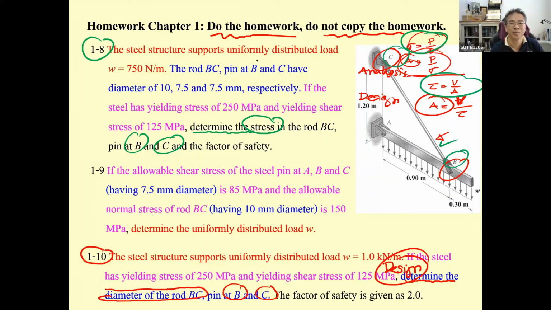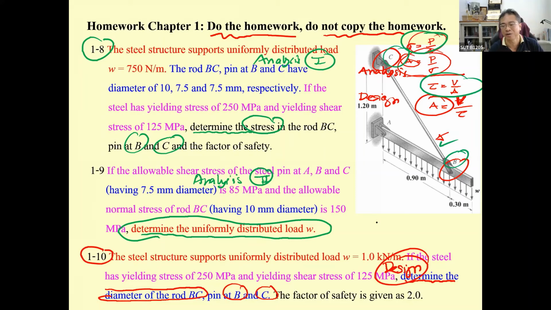I'm going to say this is analysis 1. Another one is going to be analysis 2. In analysis 2, they're going to ask you the load that's applied to this structure.